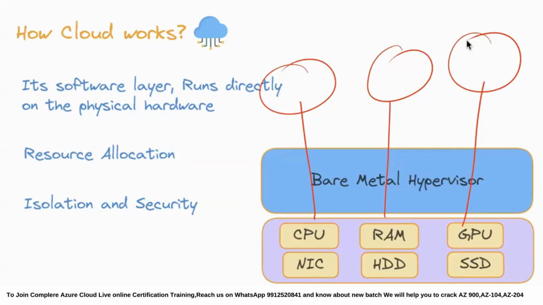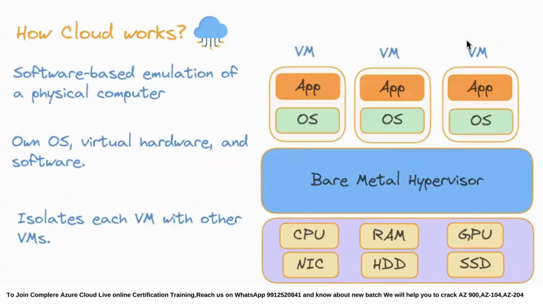On top of the hypervisor, they are going to install their services, for example, VMs or EC2s, whatever you call them. So this is how a cloud works. Whether you are learning Azure, AWS, GCP, Oracle, DigitalOcean, anything, this is how a cloud works.